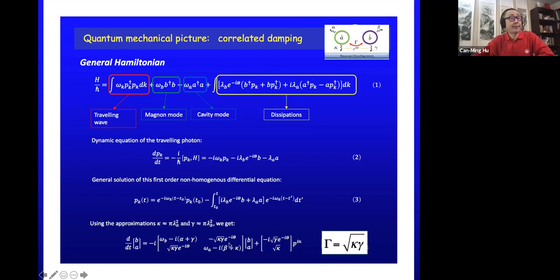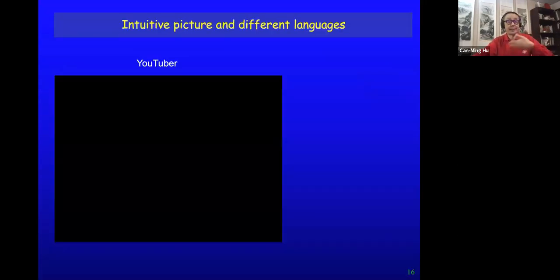Now, what is interesting is that this effective coupling introduces a dissipative coupling between these two modes with a coupling rate capital Gamma simply equal to the square root of these two individual coupling rates, kappa and small gamma. This is the physics of this traveling wave induced dissipative coupling.